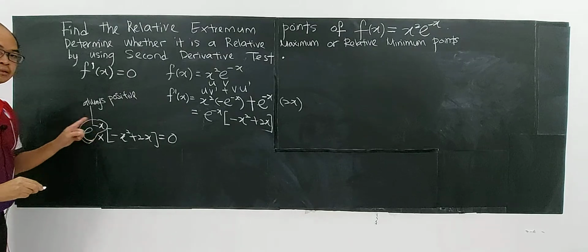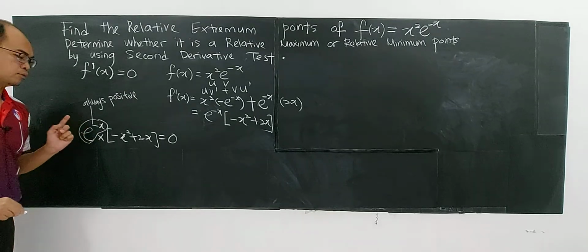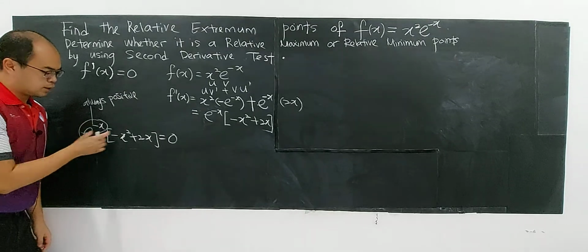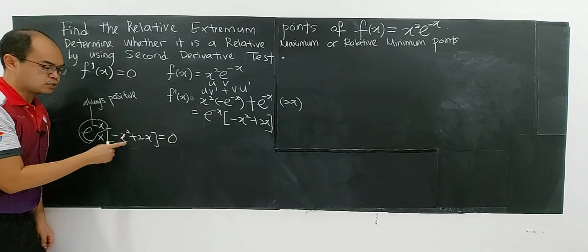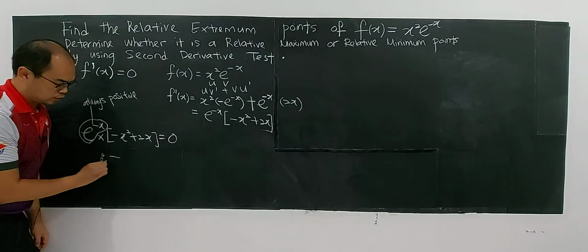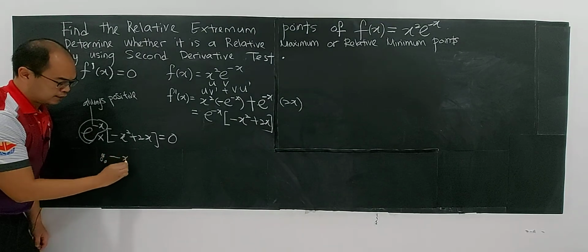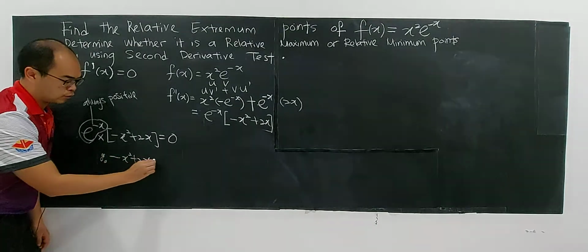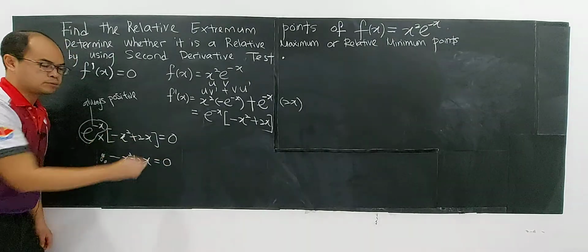It can approach 0, but will not be 0. So the quadratic, negative x squared plus 2x, is the one causing the equation to be 0.